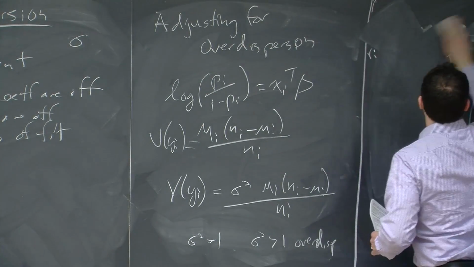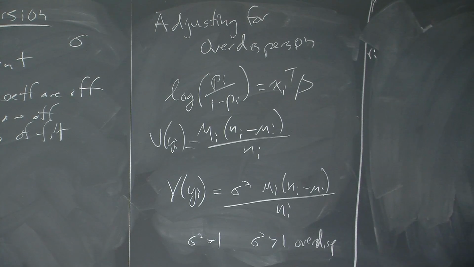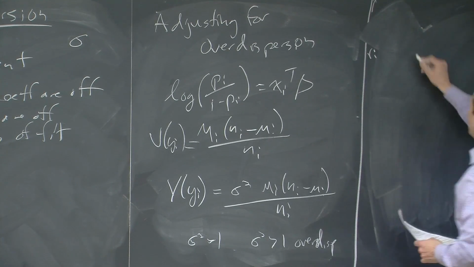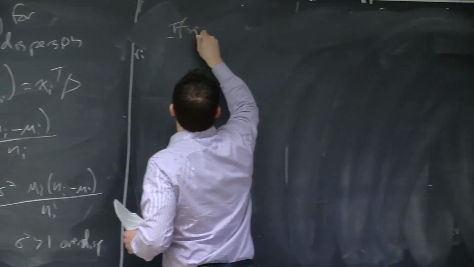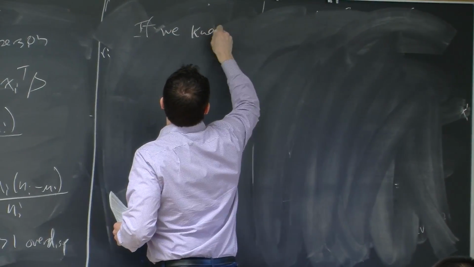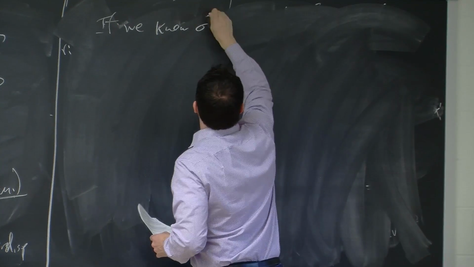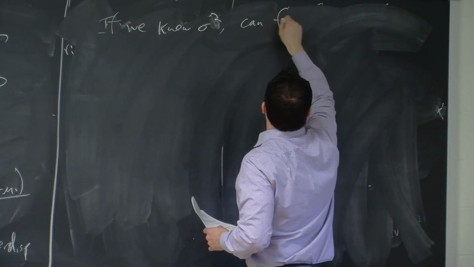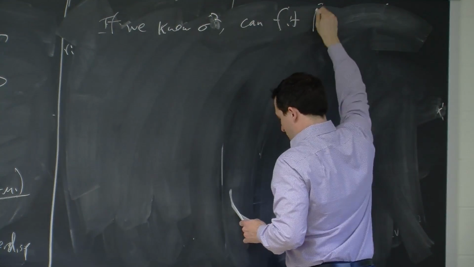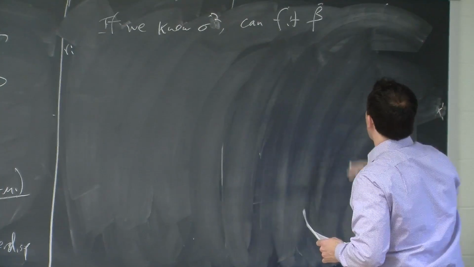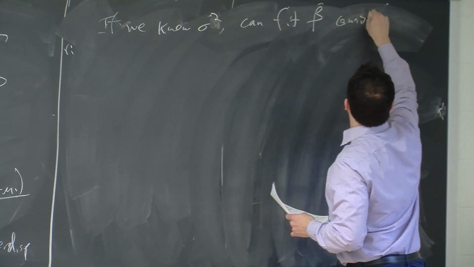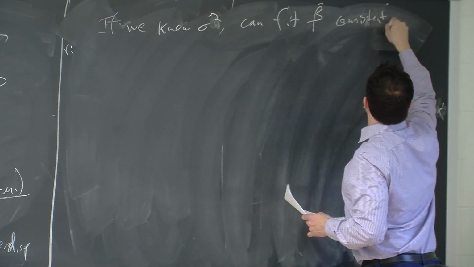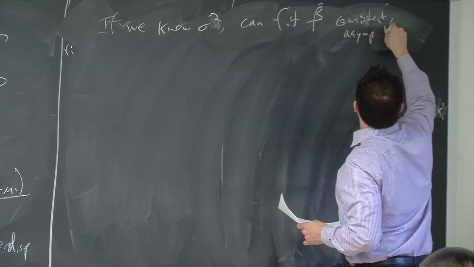And if we knew in advance what this sigma squared was, we would be able to fit our coefficients in a consistent, asymptotically normal way. Right?